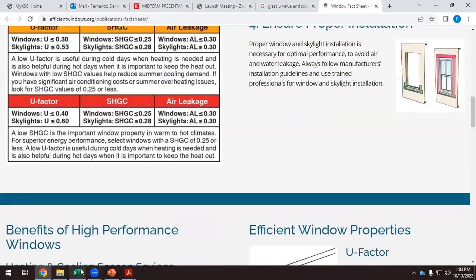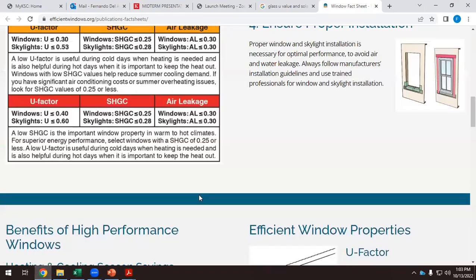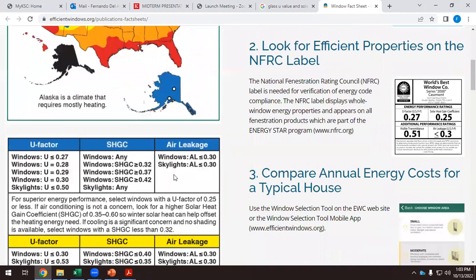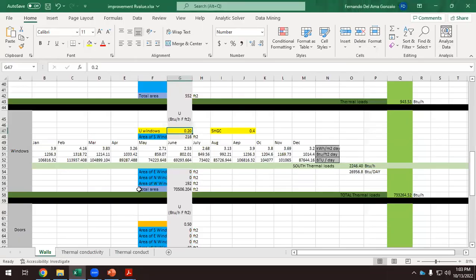Okay, so that's it. For us, if I have found this, here we meet the requirements from Energy Star. It's recommended more than 0.32, the solar heat gain coefficient, and less than 0.27, the U value. So this is 0.2 and 0.4. Okay, so we can do that, but it can be better, believe me.